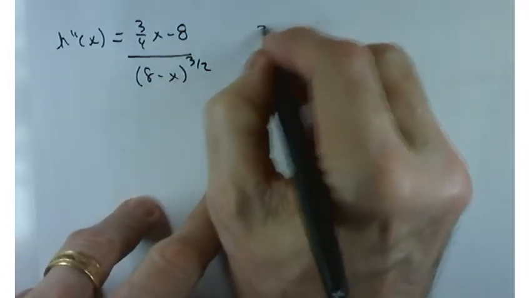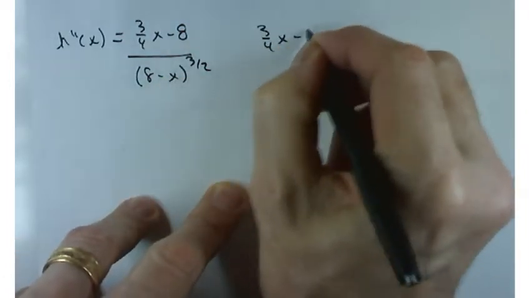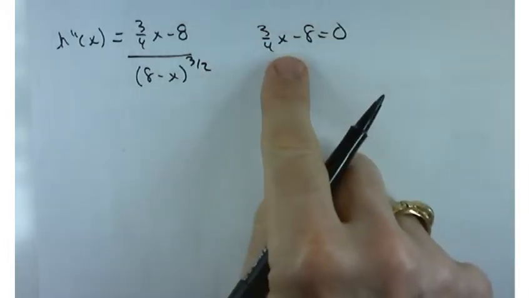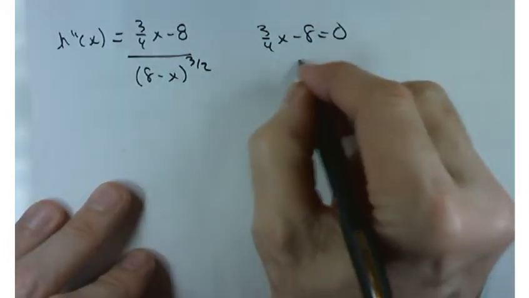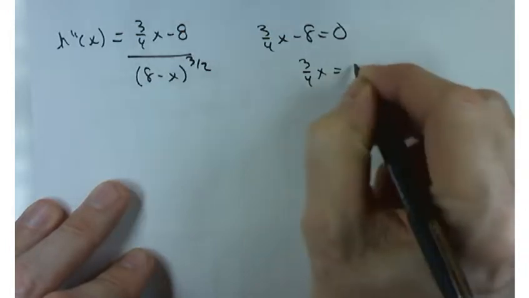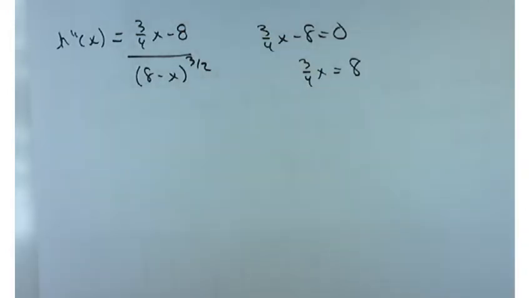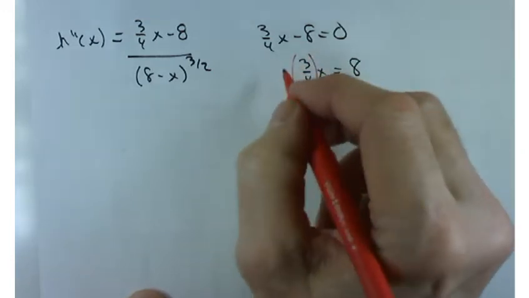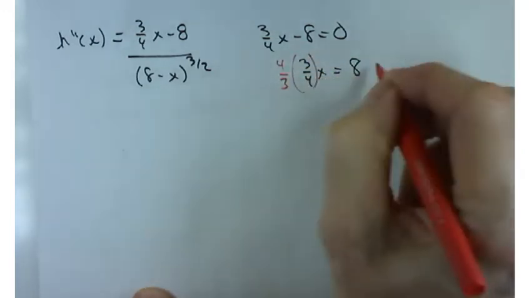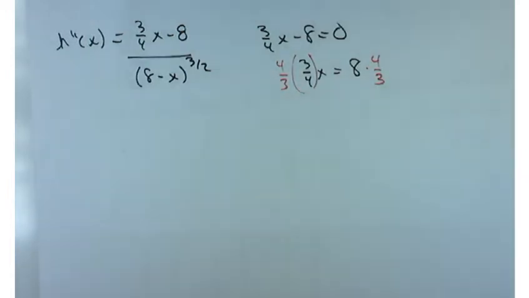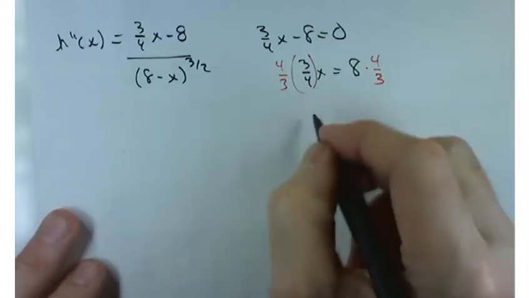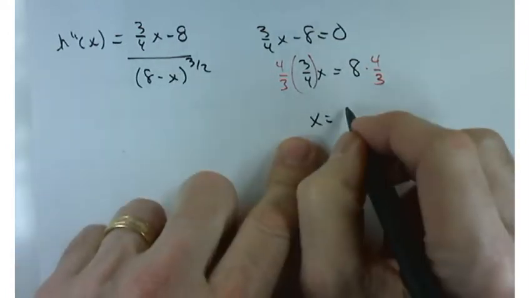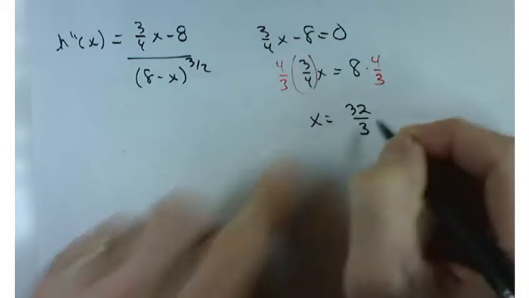Well, 3/4 x minus 8 equals 0. 3/4 x equals 8. So multiply both sides by 4/3, and as you said, we get 32/3.